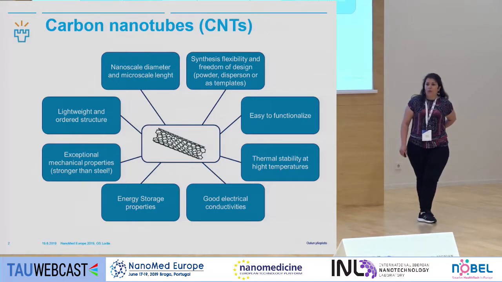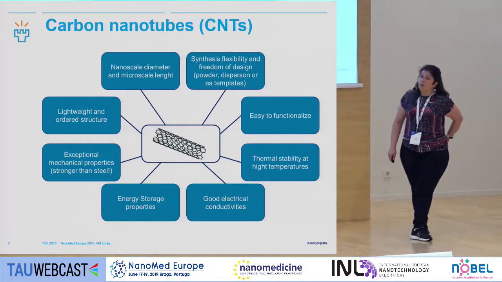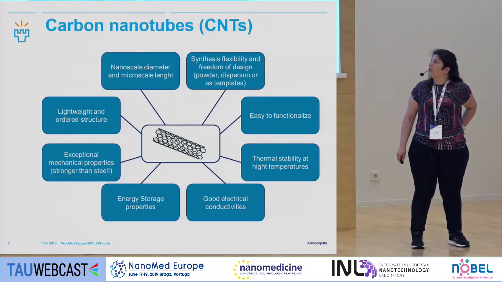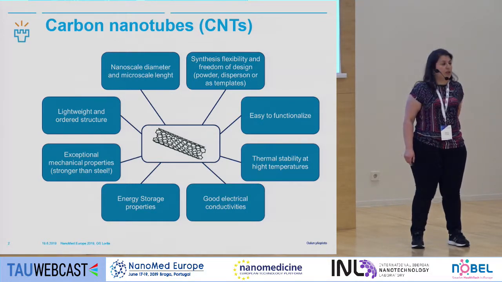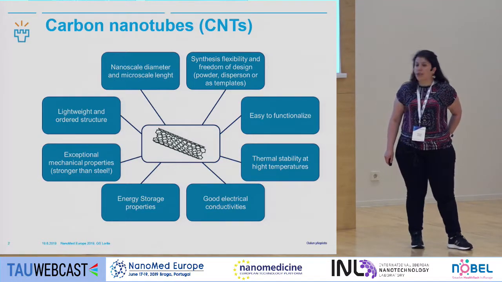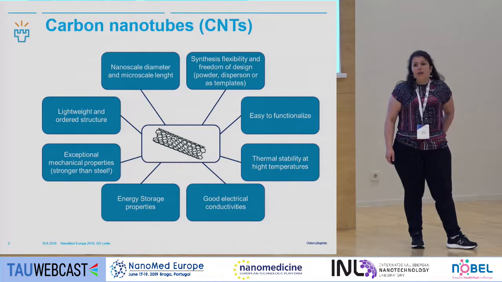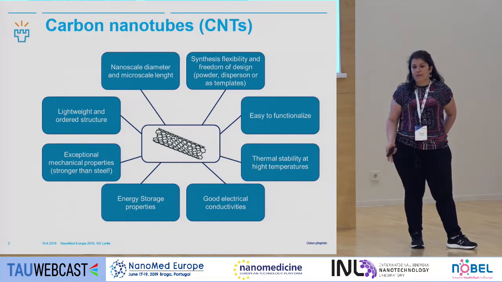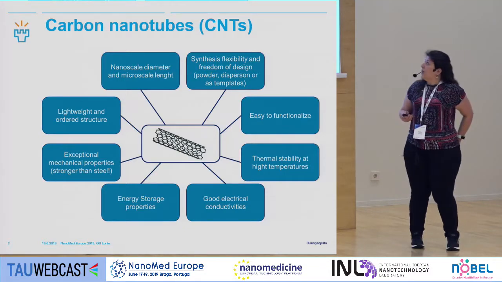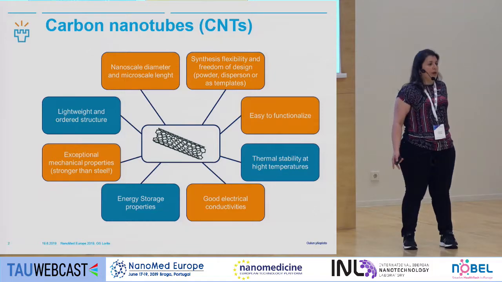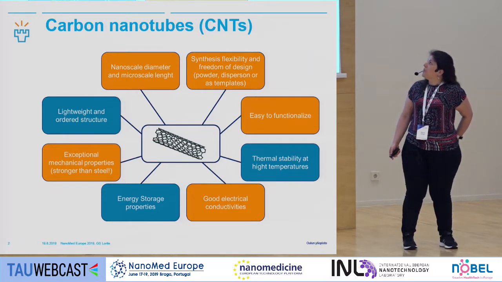I don't know how many of you are familiar with carbon nanotubes, but they have been used already in commercial sport equipment and also in electronic devices. They have very good properties in several ways, but I would like to emphasize the ones that can be good when we are talking about cell control.